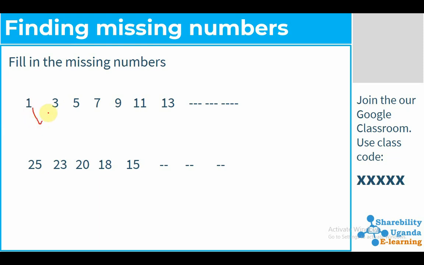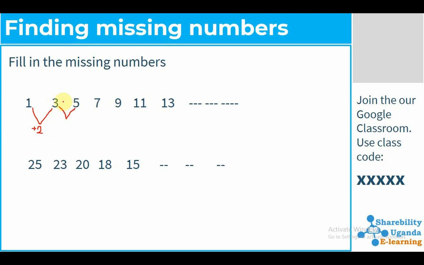Okay, so you can draw your thing like this. Say which number can be added to 1 and we get a 3. Which number? We can say plus 2. If we add a 2 plus 1, we can come up with a 3. So we also have our answer as a 3.